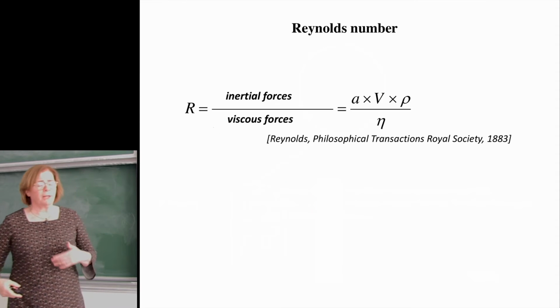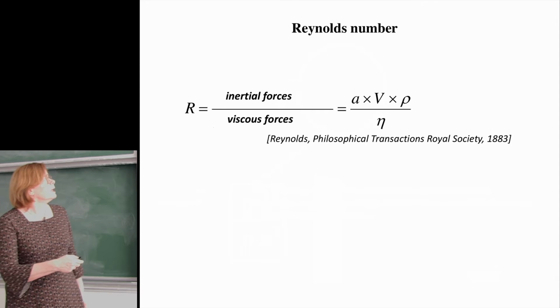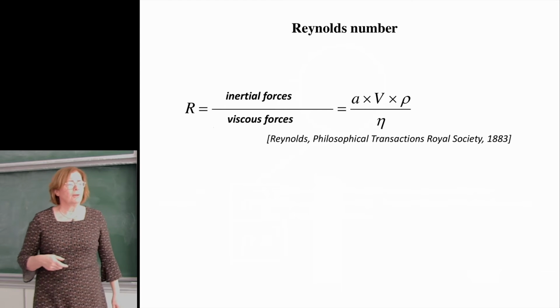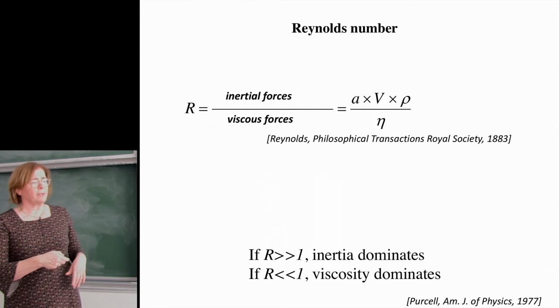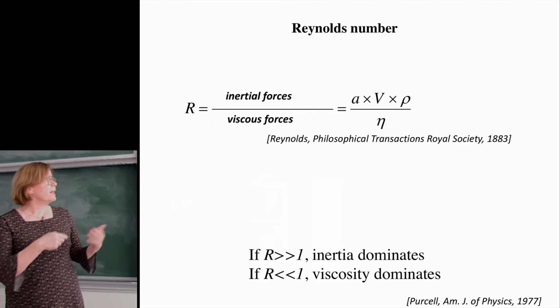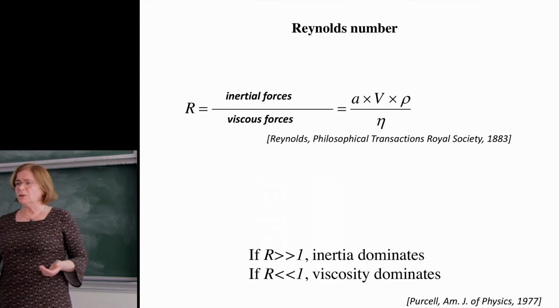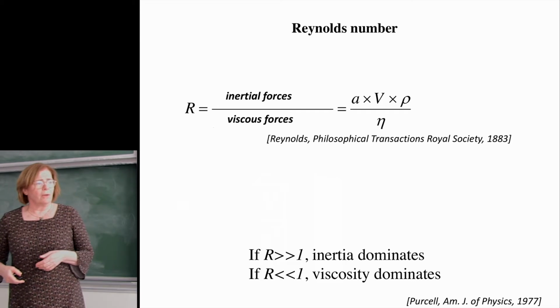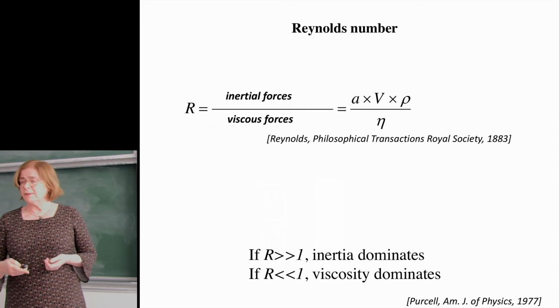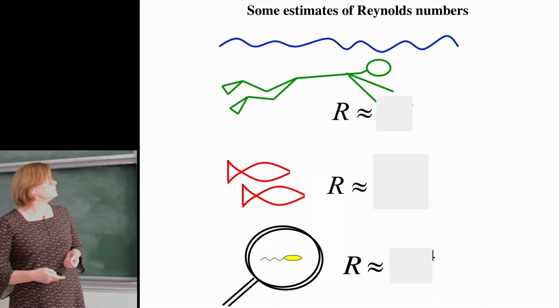Then you can define what is called the Reynolds number that compares inertial forces to viscous forces. If this Reynolds number is higher than 1, inertia dominates, whereas if it is smaller than 1, viscosity dominates.